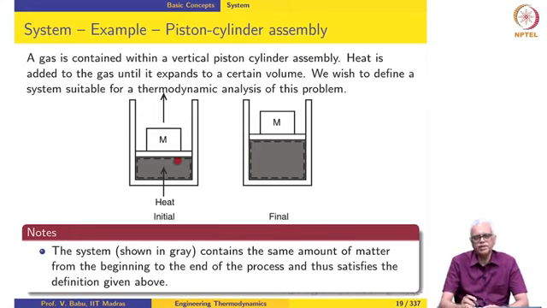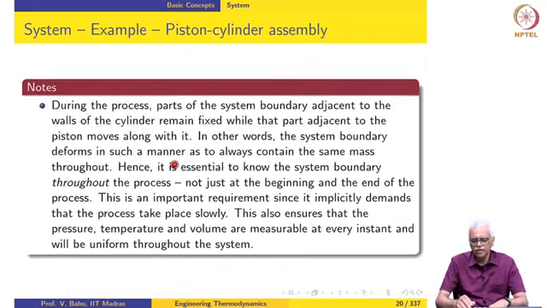So the temperatures may be different, pressures may be different at different parts, which means that I cannot actually come up with an unambiguous value for the properties if the process is very rapid. So by demanding that the process be slow, I am ensuring that the property values are known and measurable at every instant in time and uniform throughout the system.